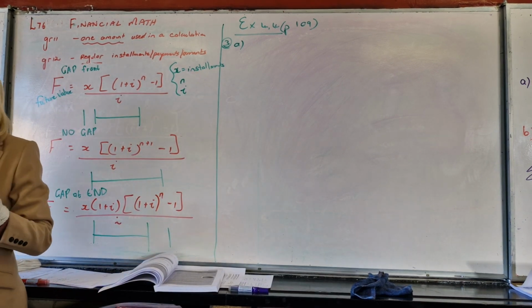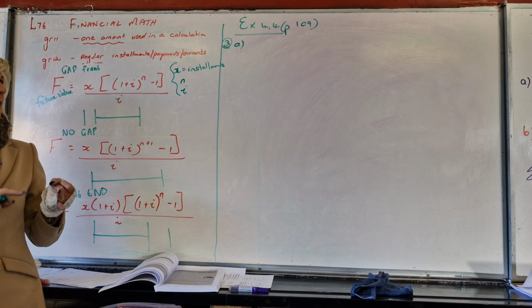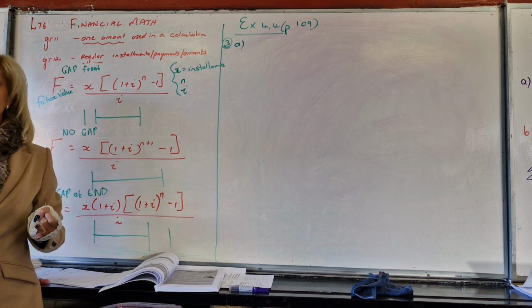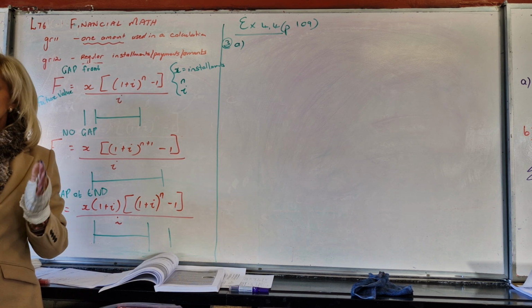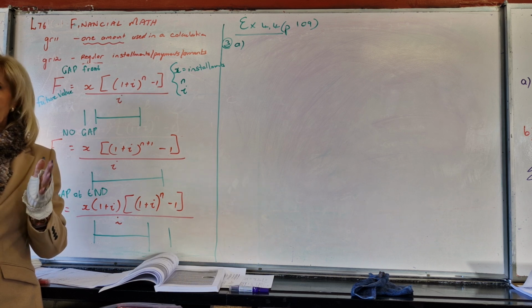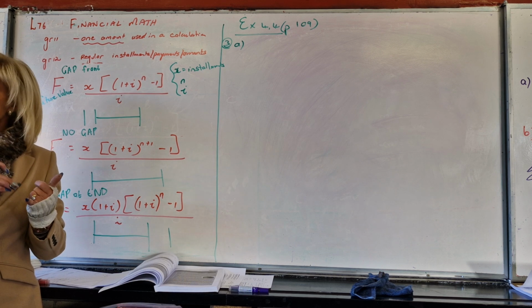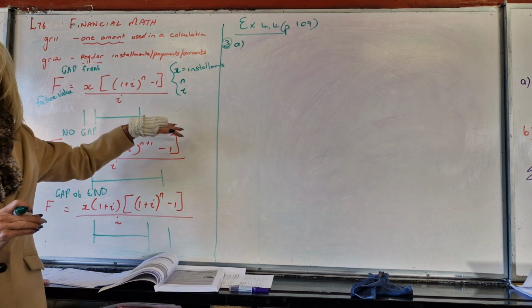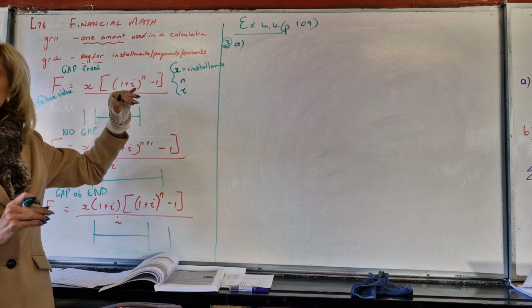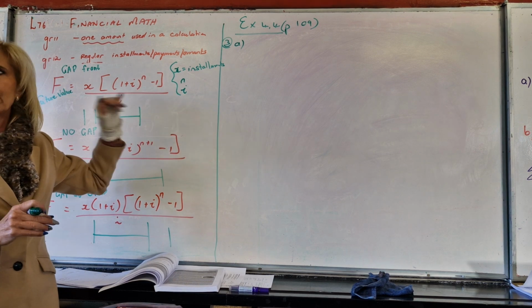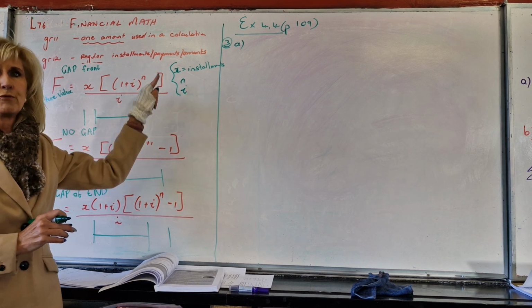You can't have I per month and X installments are 3 monthly. It has to be in the same order. Are you with me? If it's monthly, everything is monthly, months. If it's quarterly, quarterly, and amount of quarters. That's crucial for these sums.